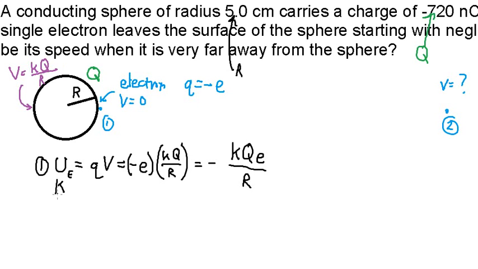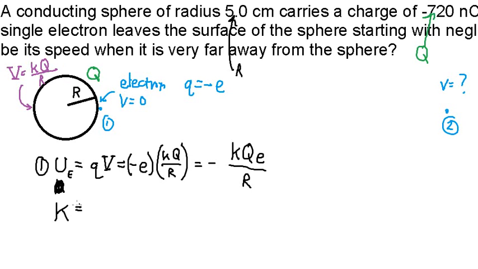But for now I'm going to keep it symbolic. This is the charge of the electron, and this is the voltage at its initial location, so the initial potential energy of the whole system is negative KQe over R.